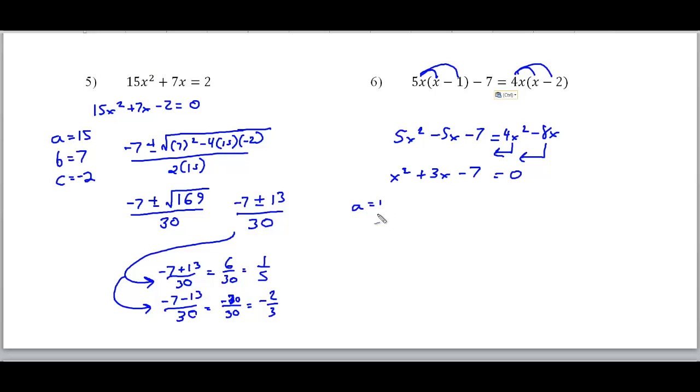My a is going to be 1, my b is going to be 3, and my c is going to be negative 7. Negative b plus or minus the square root of b squared. In this case it's going to be parentheses 3 squared minus 4 times a times c, all over 2a, which is just 2 times 1.